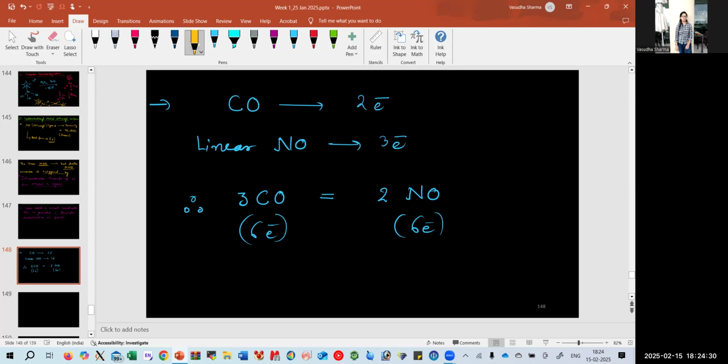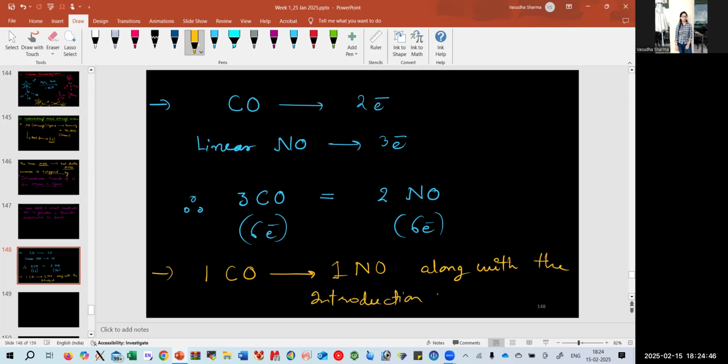Or other way around, 1 CO replaced by 1 nitrosyl group along with the introduction of a positive charge on the sphere, because when you are introducing 1 electron extra into the system, it has to balance the charge by introducing a positive charge over there.